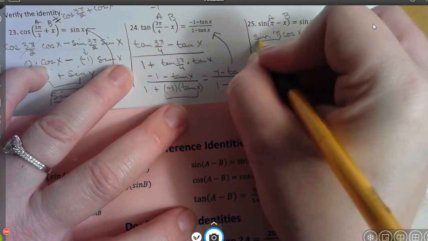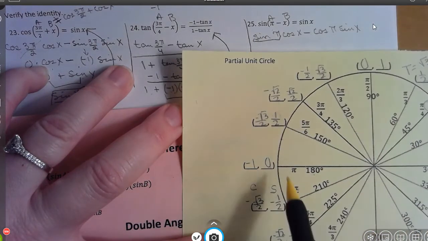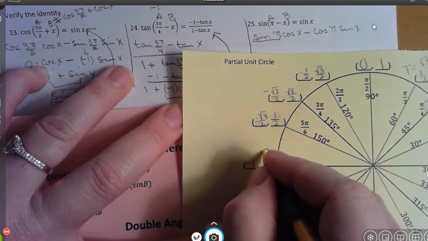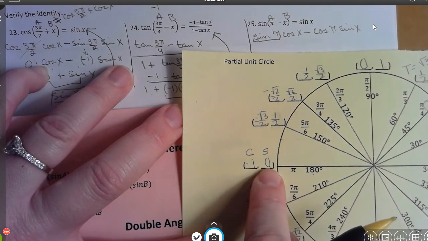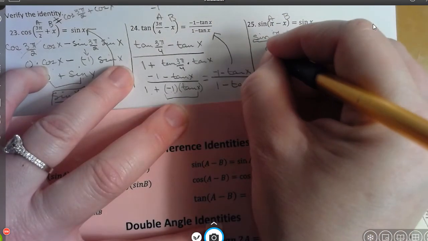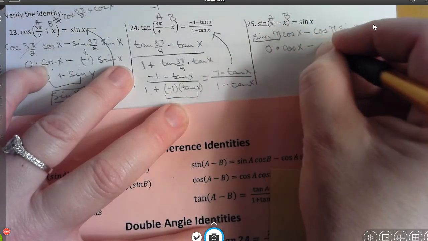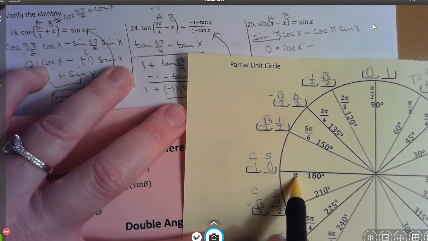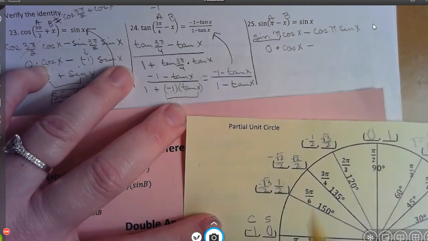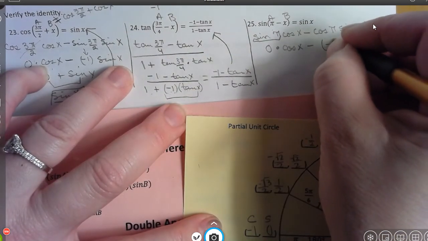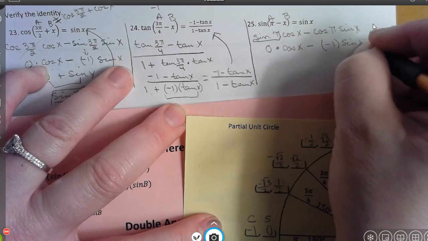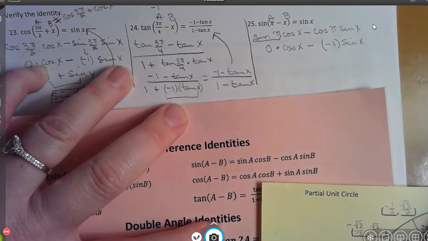The sine of pi, here's pi, sine, cosine. Sine is 0. 0 times cosine x minus, wait a minute, cosine pi, negative 1, negative 1 times sine of x. Guys, you have to fill these in.